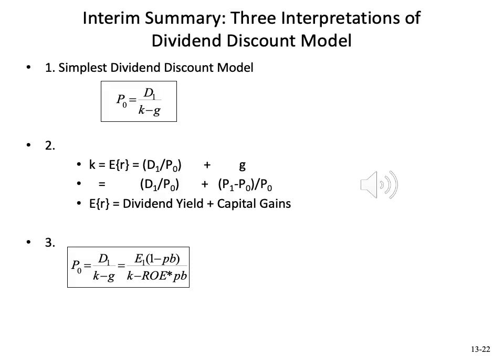The third interpretation is in terms of earnings, return on equity, and plowback ratio. So D1 is calculated from next period earnings times 1 minus the plowback ratio or the retention ratio. G is return on equity times the plowback ratio.